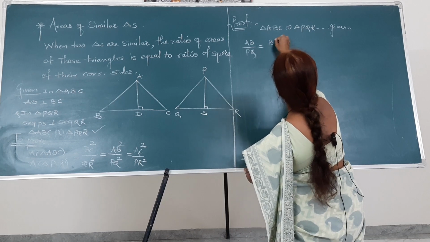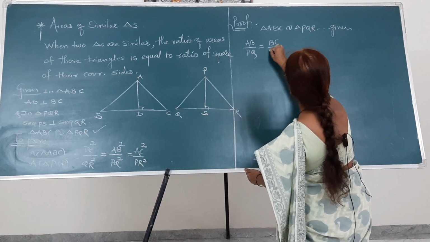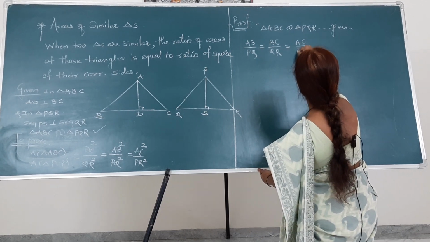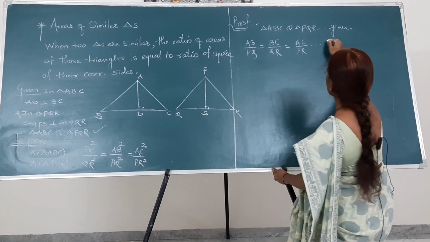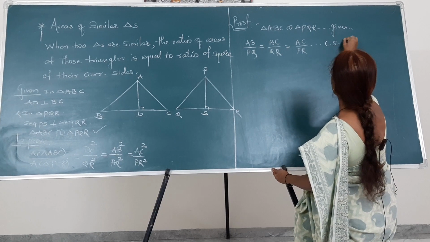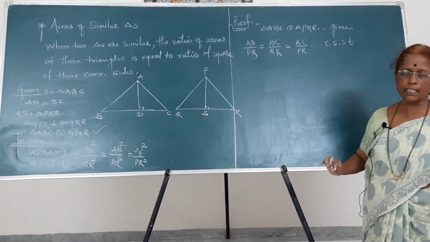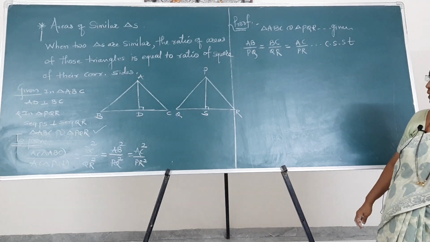That is equal to BC upon QR and AC upon PR. The support is corresponding sides of similar triangles. These are the corresponding sides of similar triangles.